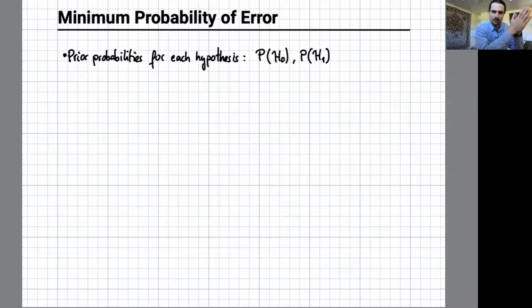In classical estimation, the parameters that we wanted to estimate were unknown deterministic creatures, right? So we didn't express any preference over some values of the parameters relative to others, right?